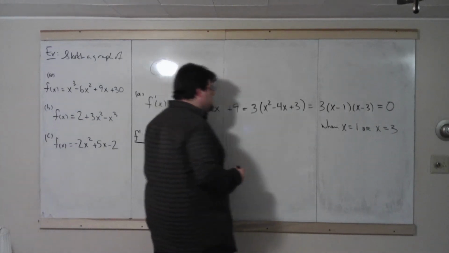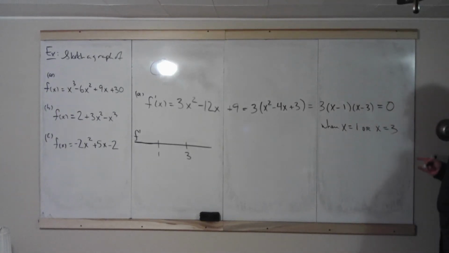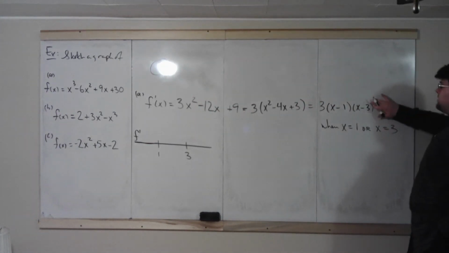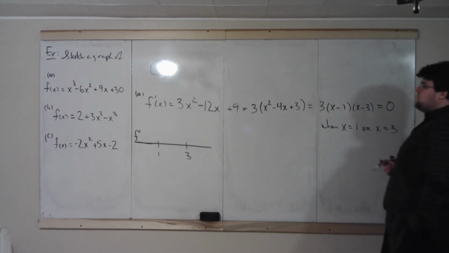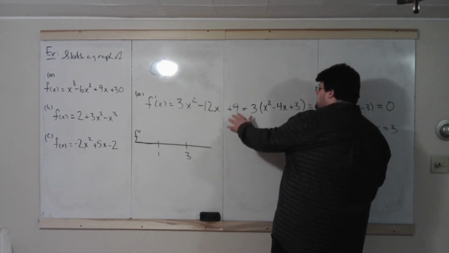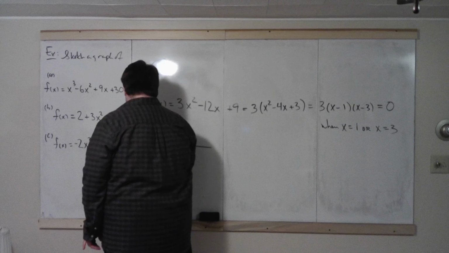Pick a value there. Let's say 0. Evaluate the derivative at 0. You could substitute x equals 0 here and count signs, but with 0, it's generally easier to just jump here. F prime at 0 is 9. 9 is a positive number.